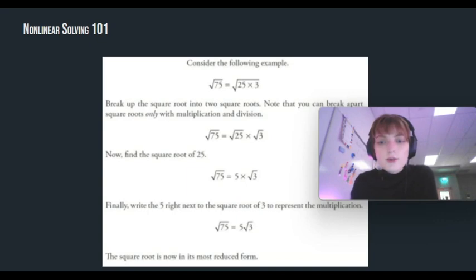Then, if you can solve that, you can find the square root of 25. Finally, write the 5 next to the square root of 3 to represent the multiplication. The square root of 75 is equal to 5 root 3. That is the most reduced form.